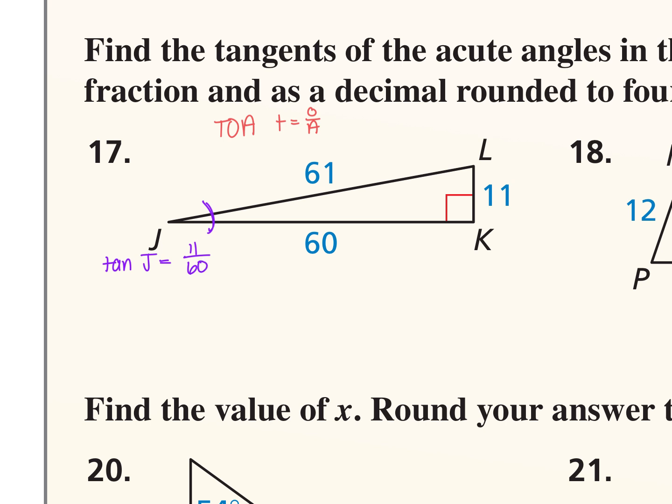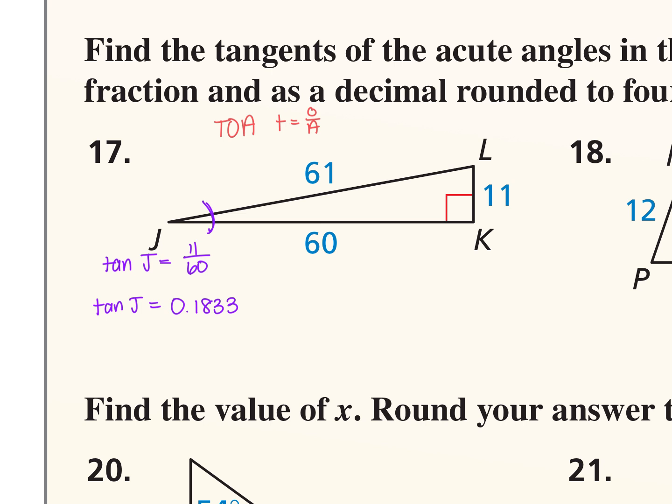That's written as a fraction. Now writing it as a decimal, all you had to do was in your calculators, 11 over 60. Okay, if you plugged it in correctly, 11 over 60 would have given you 0.1833.